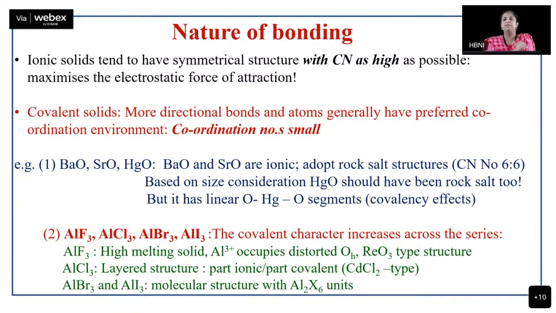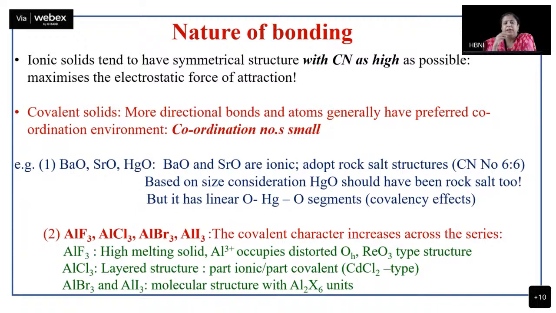I'll give you some examples. Barium oxide, strontium oxide, and mercuric oxide. The three cations, barium, strontium, and mercury, have kind of similar ionic radius, and the stoichiometry here is also similar. They are 1:1. But barium oxide and strontium oxide adopt the rock salt structure, which is the NaCl structure, where the coordination number is 6:6. Based on size consideration, mercuric oxide should also have adopted the rock salt structure.